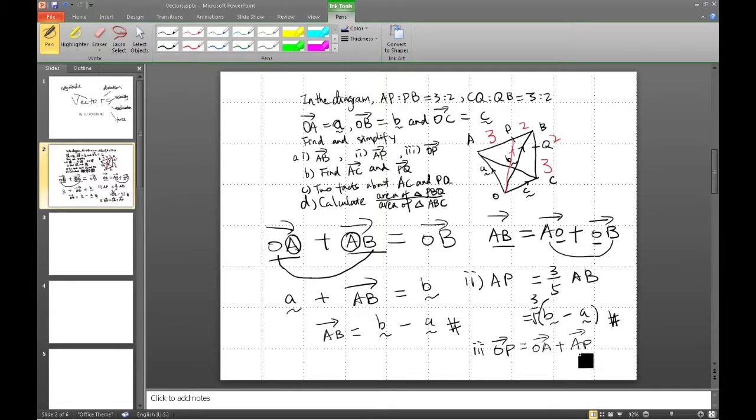We have OA denoted as a, and we have also found AP just now, right above. Therefore, we have formed an equation and we simplified it. So we get 3/5 b plus 2/5 a.